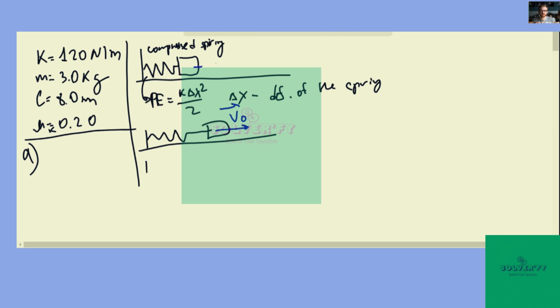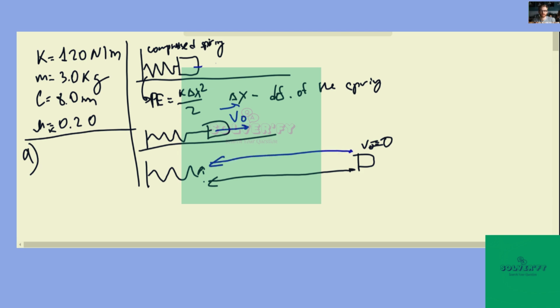Then after some time, after the block had been released, it traveled for 8 meters and stopped. So here the velocity is 0, and this is the displacement L.